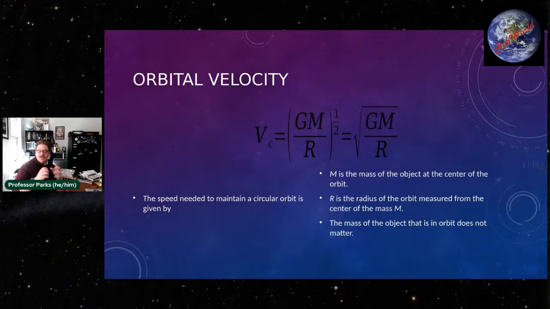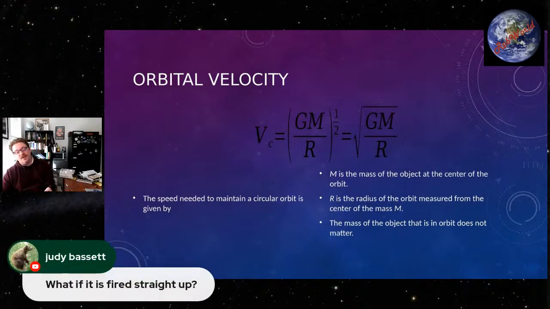You can see that the circular orbit velocity equals the square root of G over M. And thank you, Judy, for asking that question. I will answer that in a moment.